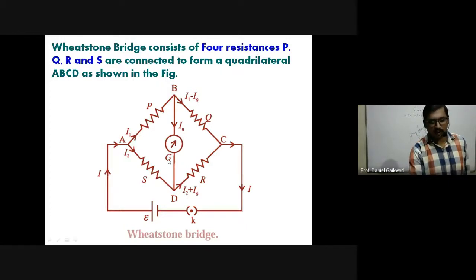G is the resistance of the galvanometer and the current through the galvanometer is Ig, so the product Ig into G is the potential difference across the galvanometer. Now from D to A, we have current I2 in the opposite direction, moving downward from A to D, while we are traveling from D to A. So the sign will be plus for the opposite direction: plus I2S, equal to 0.